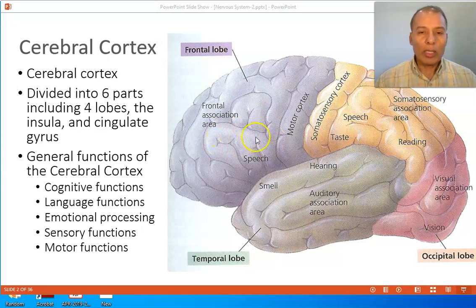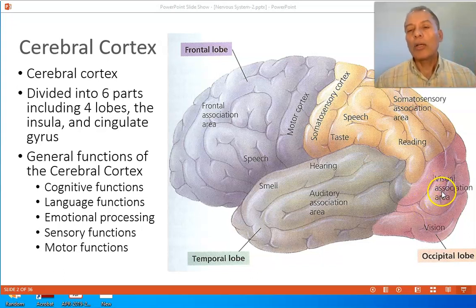So we are going to discuss these and look at the main landmarks of each one and discuss the basic functions of each. But to let you know that you always think about the anatomic name and the functional name. So for example, the occipital lobe is almost exclusively dedicated to visual processing.